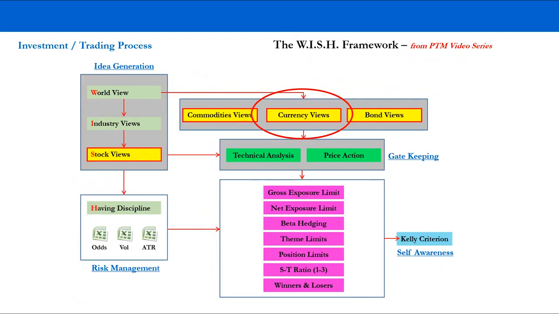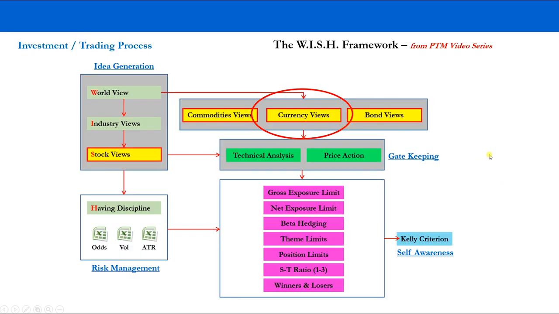So moving on from approach now to the investment and trading process. And again, this is an overall systematic approach that the viewers of the PTM video series will be very aware of, because this applies across all asset classes, and specifically in the PTM video series, the WISH framework applies to stock markets. What we're focusing on here is currency markets in the middle.